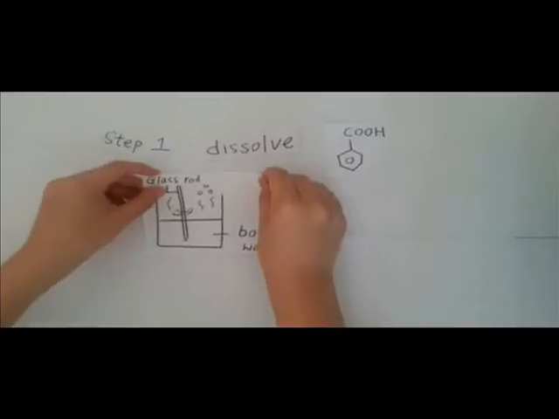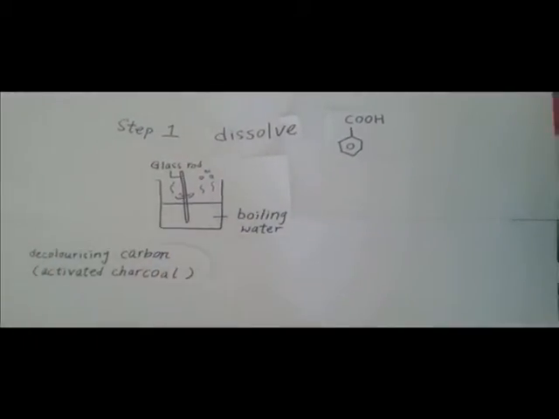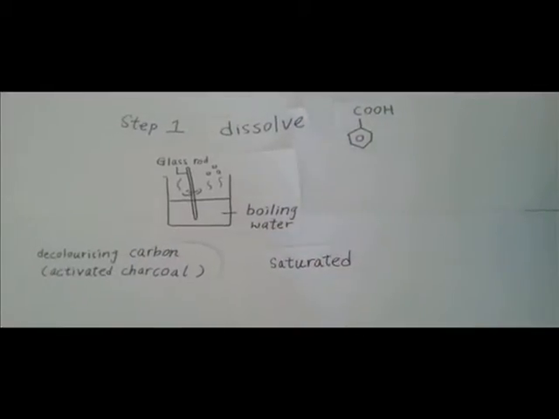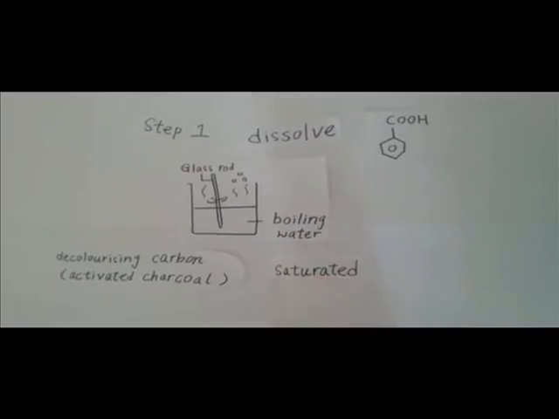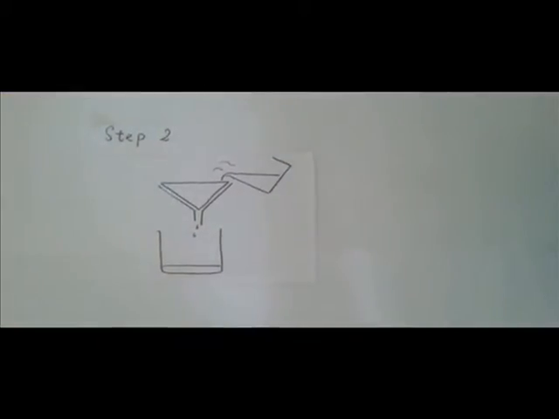Dissolve benzoic acid with minimum quantity of boiling water using a beaker with decolorizing carbon. Remember, we need to prepare a saturated solution. Filter the hot aqueous solution with fluid filter paper into the beaker.